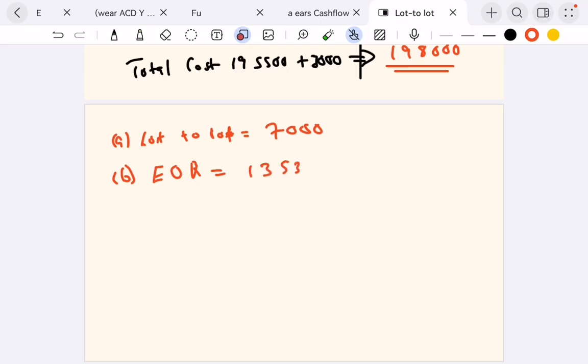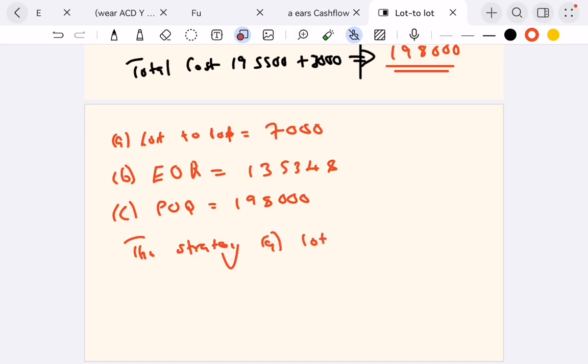Then we had C, the periodic order quantity, which gave us 198,000. So the best strategy here is A, lot to lot. Why? Because it minimizes the costs. So you pick the one with the lowest. That is the best strategy.